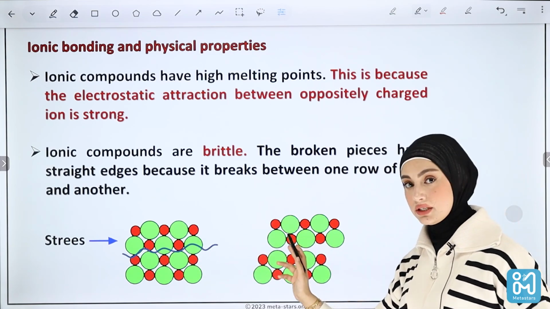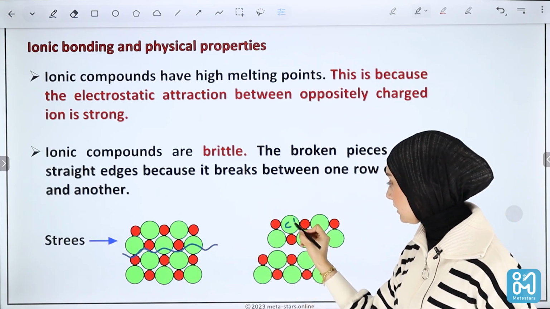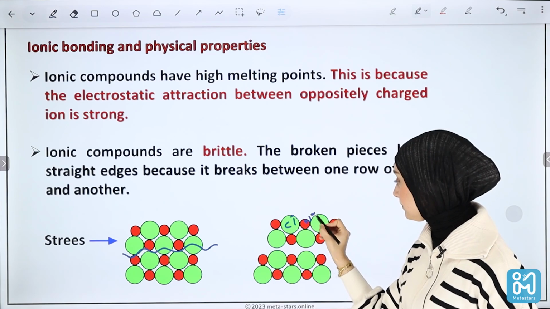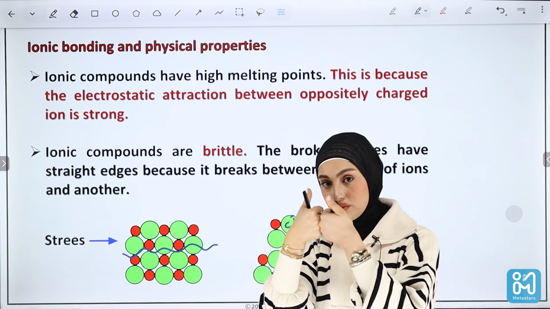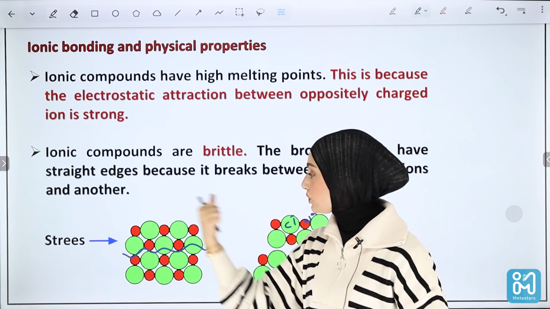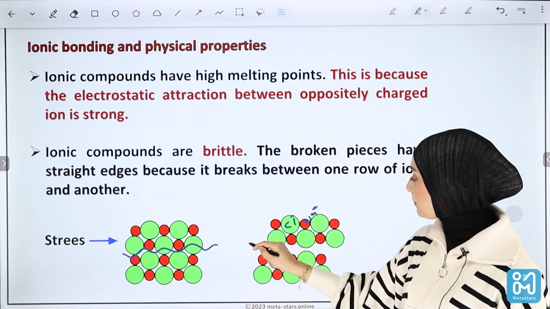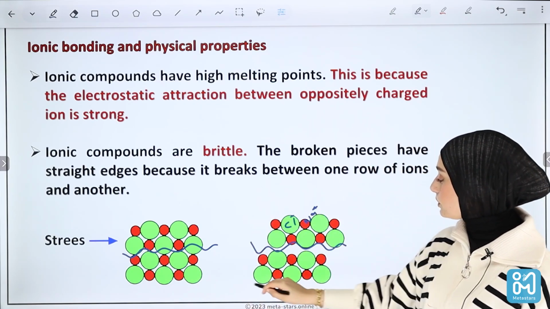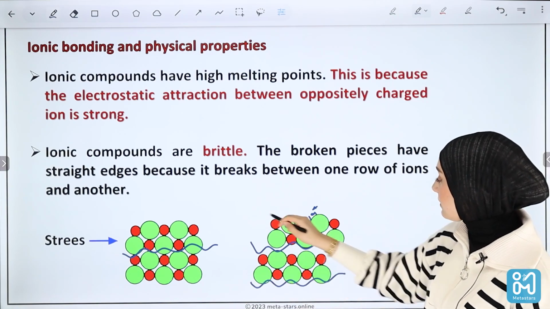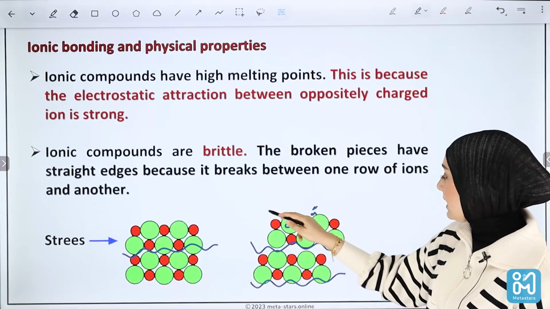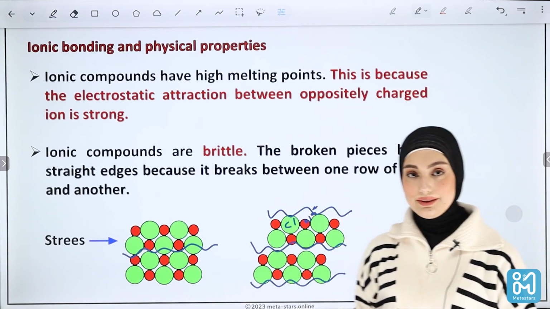If this is the chloride and this is the sodium, they are attracted very strongly to each other. So you will not break this bond, but you will break them in between the rows, so they still have straight edges, and this is the meaning of brittle.